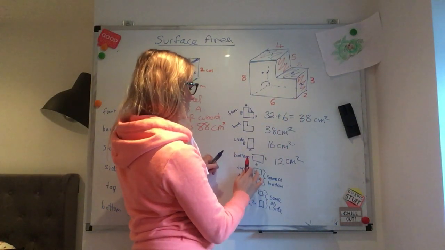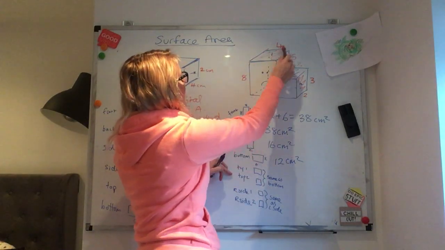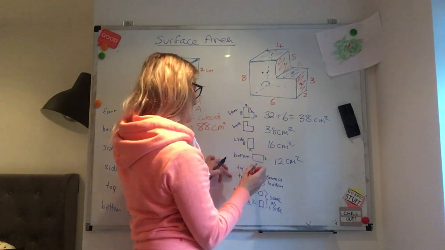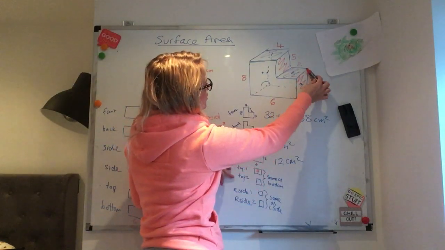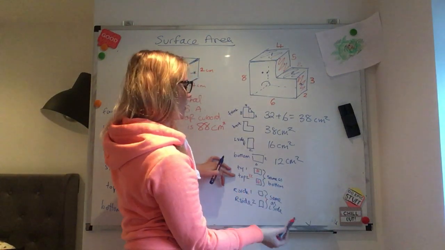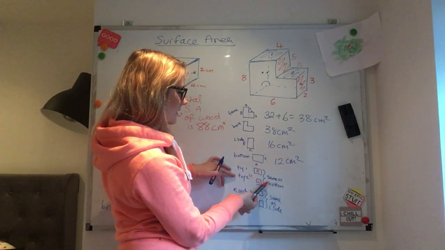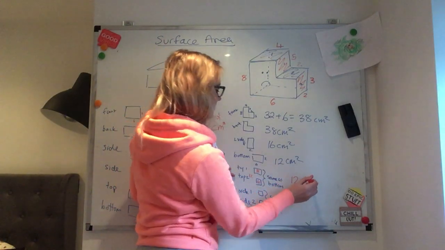No, I'm doing the side. Whoops. I'm doing the top. Right, so top 1, we could have 4 by 2, which is 8, and top 2, we can have 2 by 2, which is 4. Add them together and get 12, or we know it's the same as the bottom, which is 12. Either way, we've got 12.